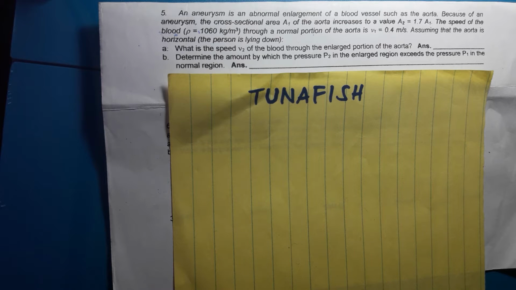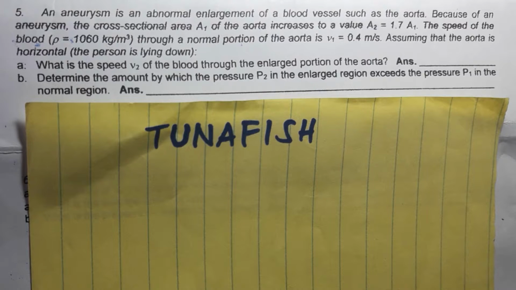Tuna fish here, and we're back with another question for fluids. The question is, an aneurysm is an abnormal enlargement of a blood vessel such as the aorta. Because of an aneurysm, the cross-sectional area A1 of the aorta increases to a value A2 equal to 1.7 A1.